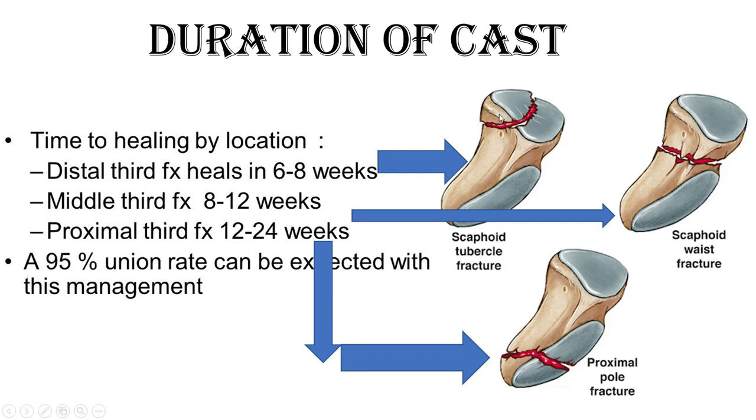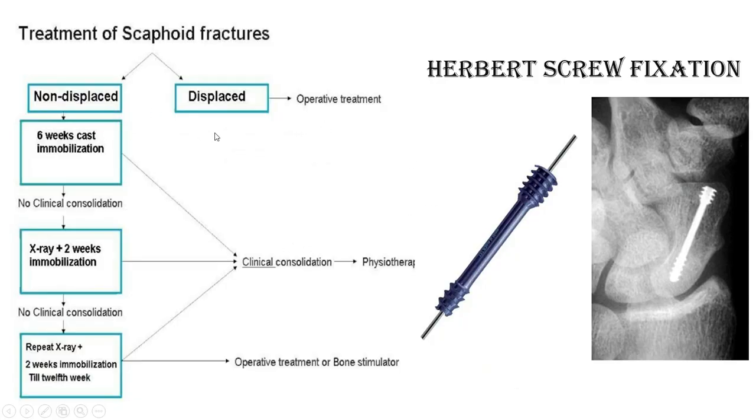For distal it is 6 to 8 weeks, for waist up to 12 weeks, and for the proximal up to 24 weeks.